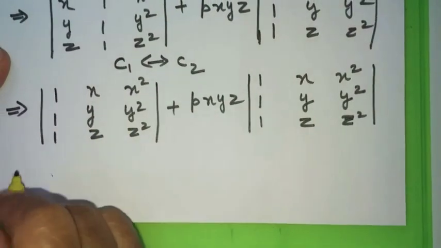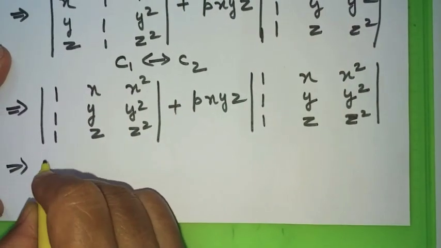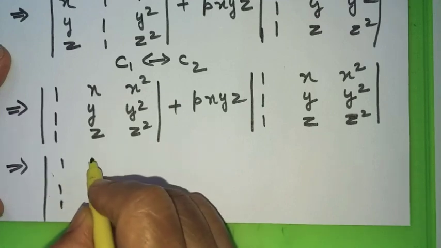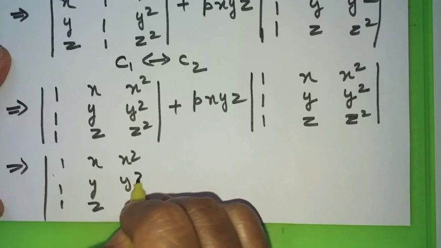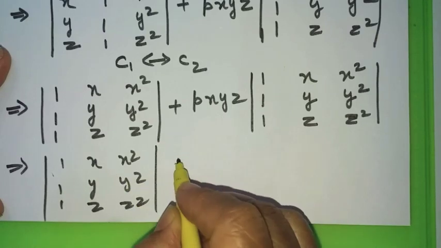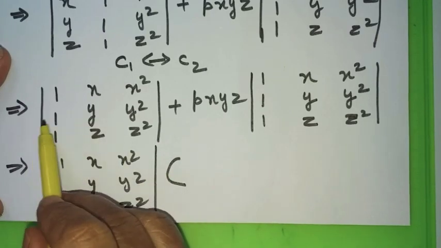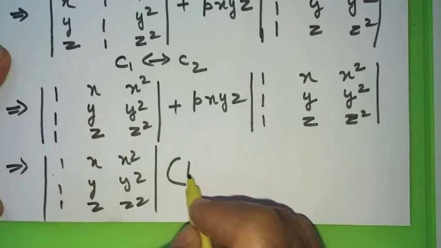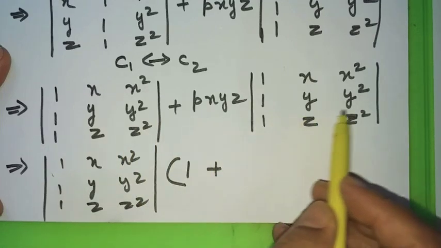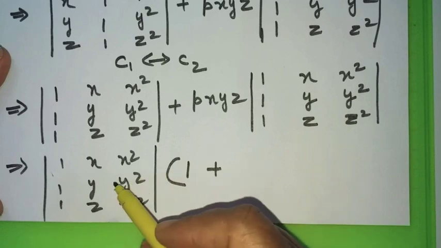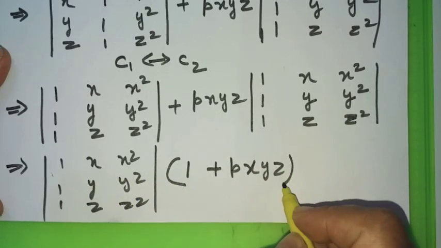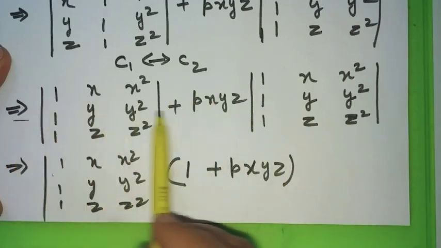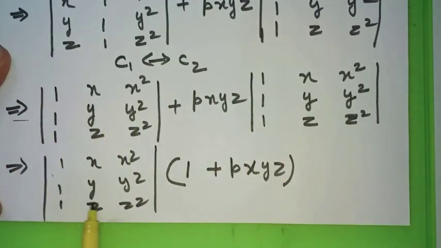So I will be writing this determinant as common determinant. If I take this determinant common, from this term I get 1, and from this whole term, the determinant is already common, I get pxyz. So now the whole expression has reduced to this determinant multiplied by 1 plus pxyz.